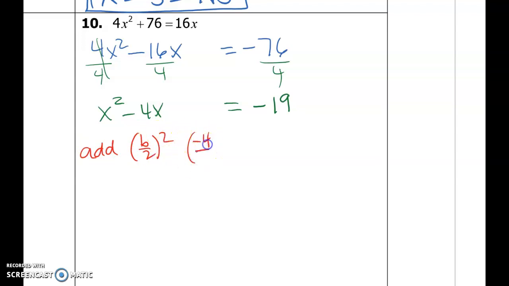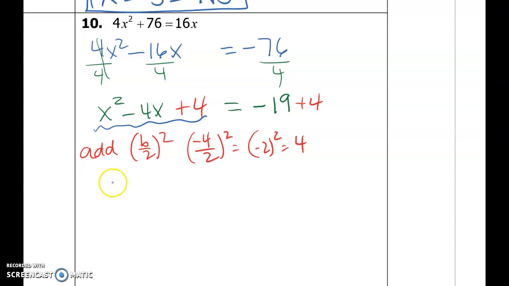So I get negative 4 divided by 2 squared, so negative 2 squared is 4. So add 4 to both sides. And my next step is to factor this. So I know that this is going to be x plus b divided by 2 squared equals negative 15. So what is b divided by 2 here? b is negative 4 divided by 2 would be negative 2. So negative 2.